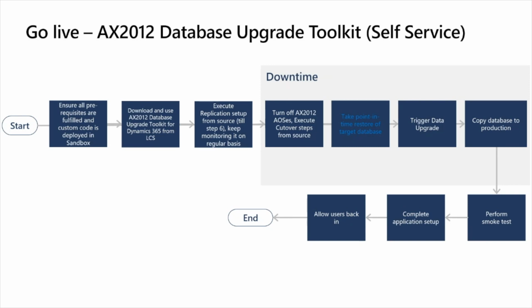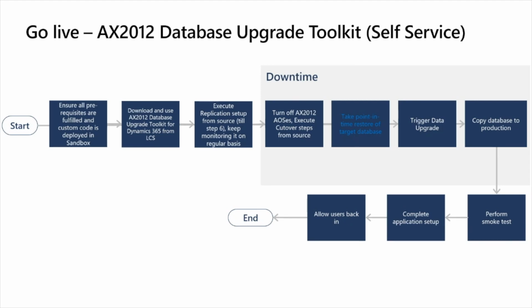At the time of actual downtime or cutover, you stop AX2012 AOSs, execute cutover steps, right? Take a note of the point where your replication completed. So, for example, if anything goes wrong, you want to take point in time restore of your target database where your replication was complete. You should be able to do that using LCS.